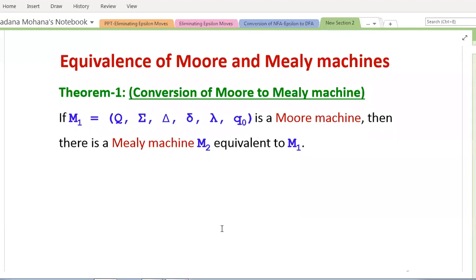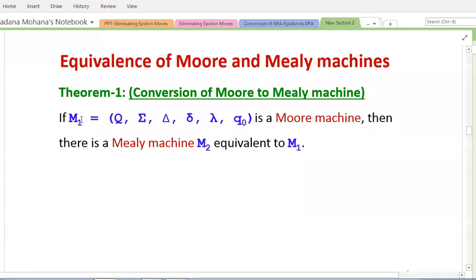So that means outputs are based on the transitions in Mealy machine, whereas in Moore machine, irrespective of transitions, outputs are associated with states. That is the difference between Moore and Mealy machines. Now here we will discuss conversion of Moore machine to Mealy machine. That means common output to different outputs associated with states and transitions.